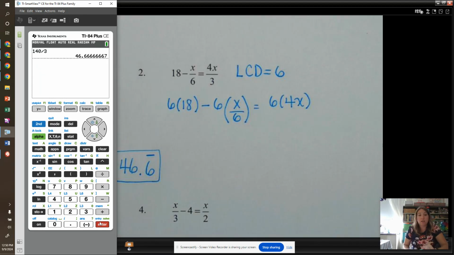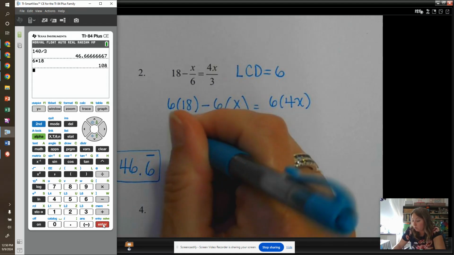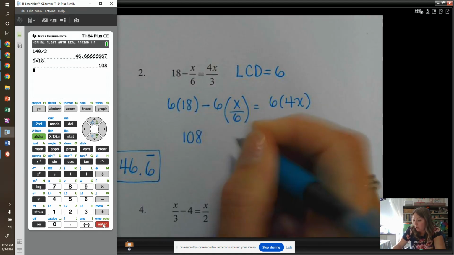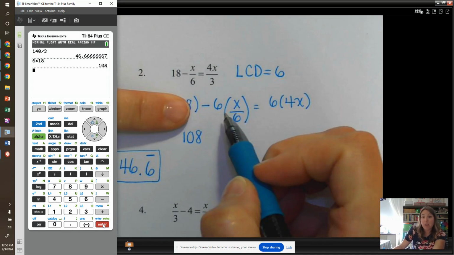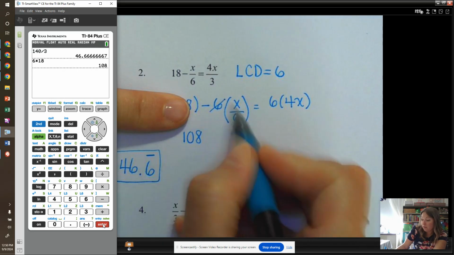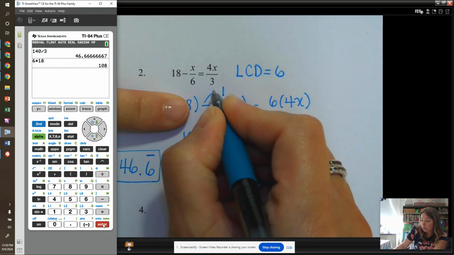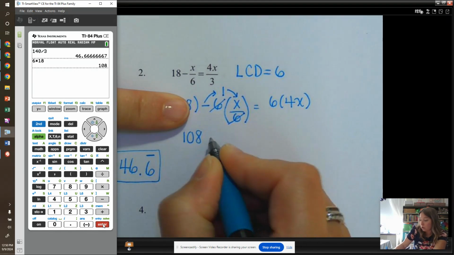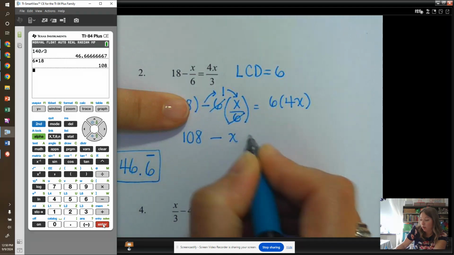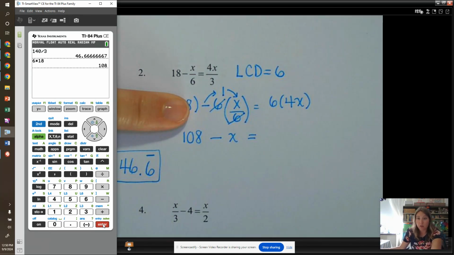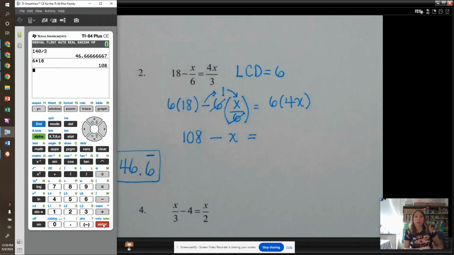So in the front here, 6 times 18 gives me 108. In the middle, 6 divided by 6 cancels out to a 1, but it's a negative 1 times x, which is negative 1x, or just negative x in the middle. See that? That's beautiful when your LCD is one of your denominators. They just cancel out completely.